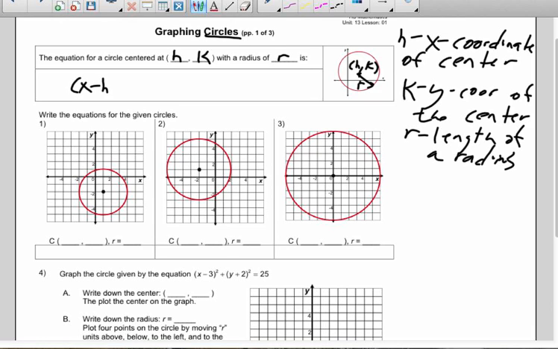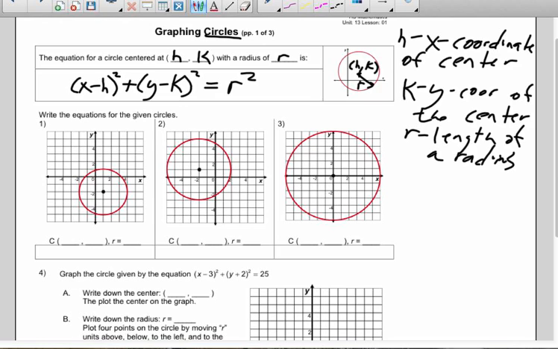So it's going to be (x minus h) squared plus, and then y, and you're going to change the sign of k. And you notice pretty much everything is squared here. And that's going to be true for all these conic sections, with the exception of parabolas. And so there it is.